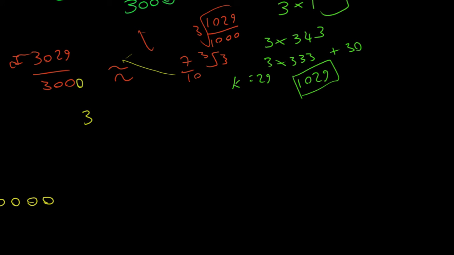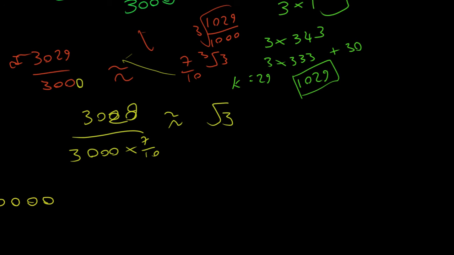But this is actually equivalent to taking that's 3029. What am I doing today? This 3000. It's actually equivalent to just multiplying that by 7/10. Okay? It's approximately equal to 3 root 3. And if we do that, we find out we get, yes, 2100, which is exactly what we wanted in the answer. And that is approximately equal to cube root of 3.